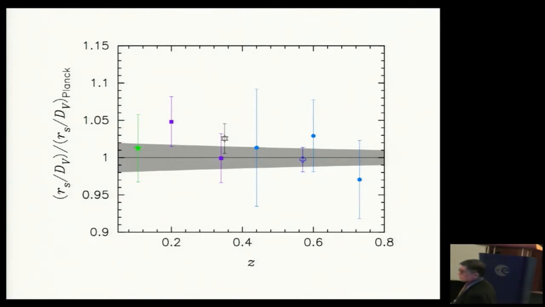So everything is compatible. Now you can immediately infer from this that if we look at curved models with curvature, or models with varying W, the solutions will lock on to a spatially flat universe and solutions with W equals -1.